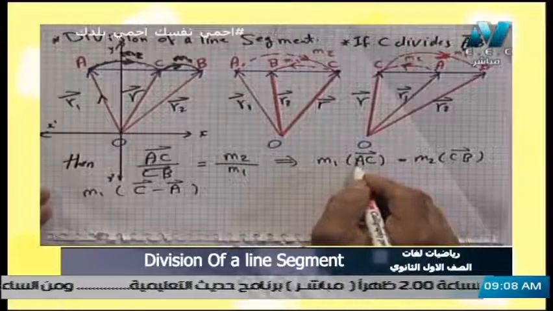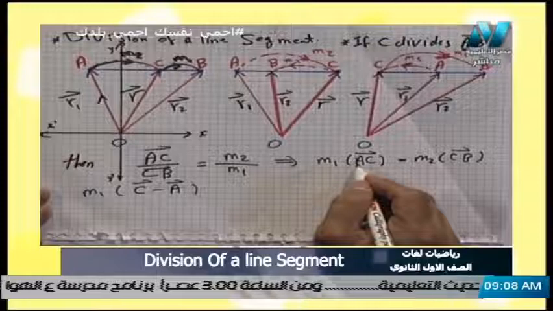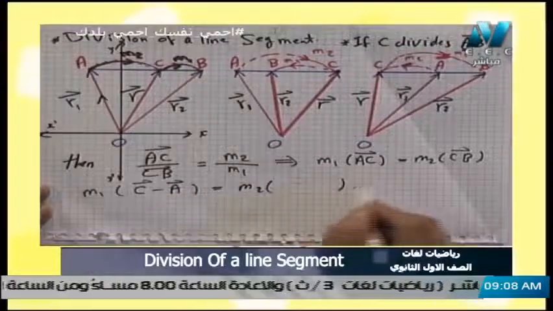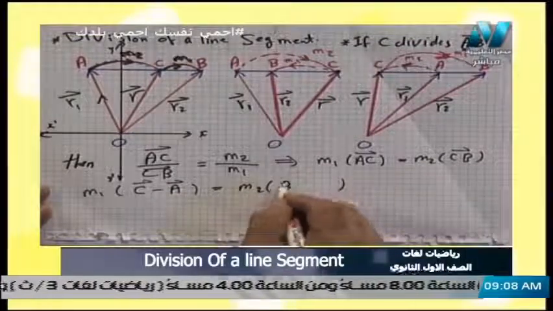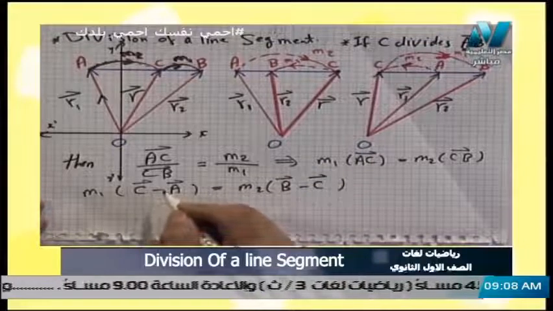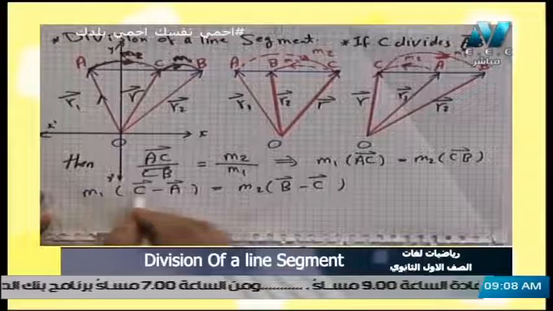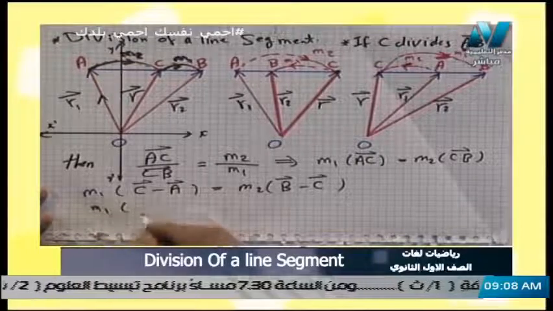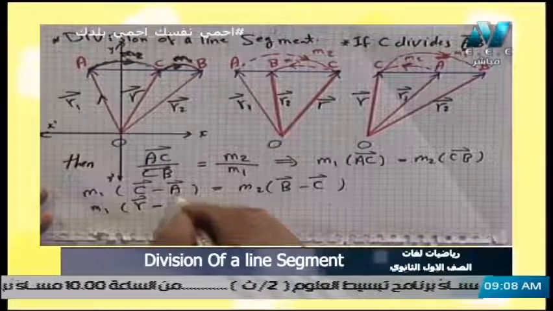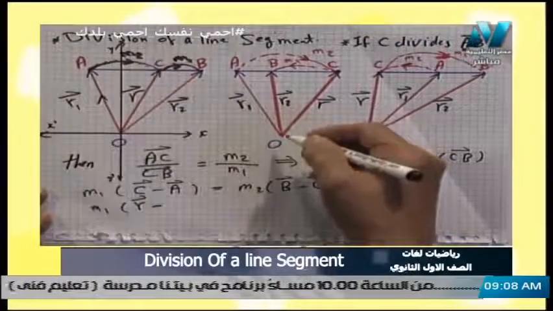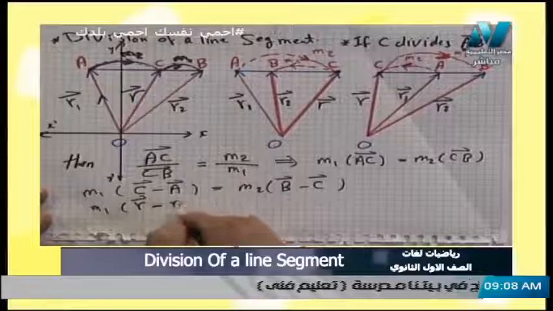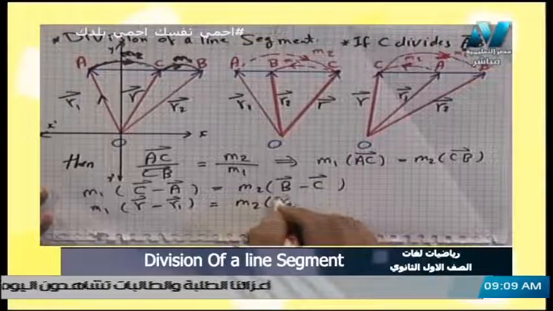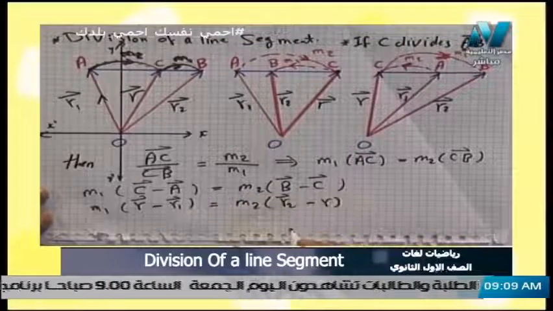AC means C minus A, and equals M2 multiplied by CB, where CB means B minus C. So it is M1 multiplied by C, which is the vector R, minus A, which is the vector R1, equals M2 multiplied by B, which is the vector R2, minus C, which is R.